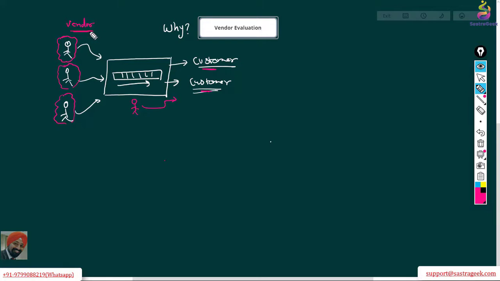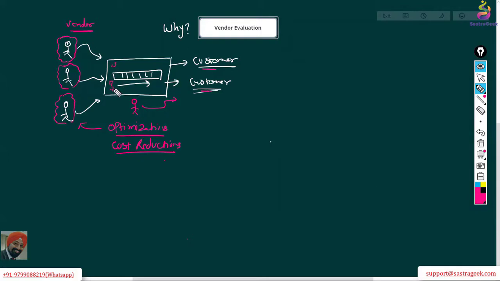The role of the vendor is now more important because of the optimization and cost reductions we are doing. The stock which we try to keep with ourselves, we are minimizing, to minimize the inventory cost.